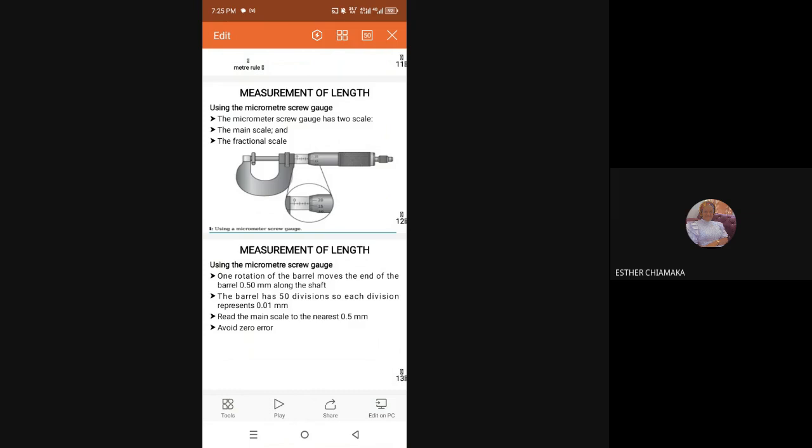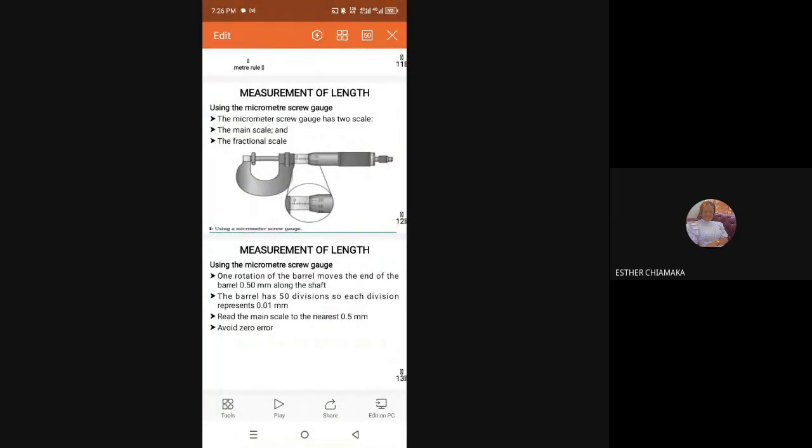So if you now convert that to cm, what do we have? How do you convert from mm to cm? To cm, you divide by 10.